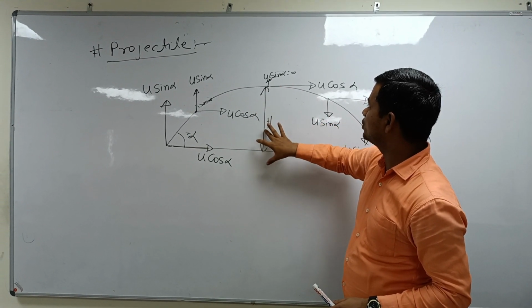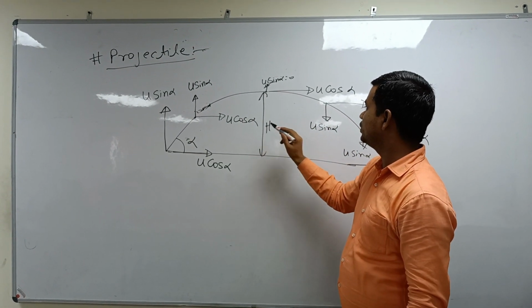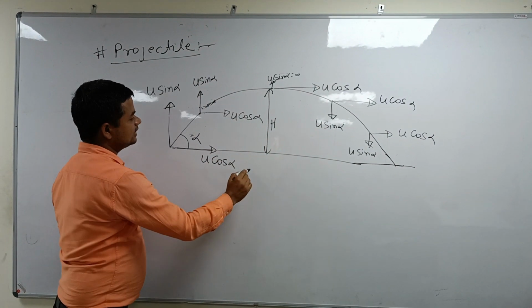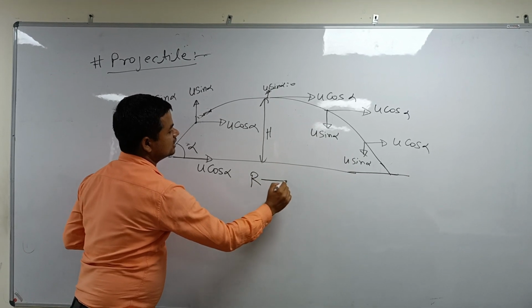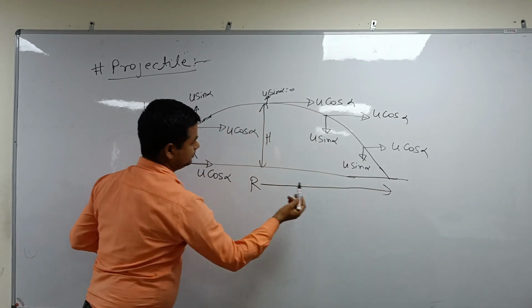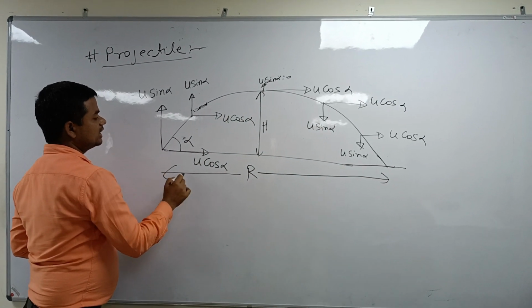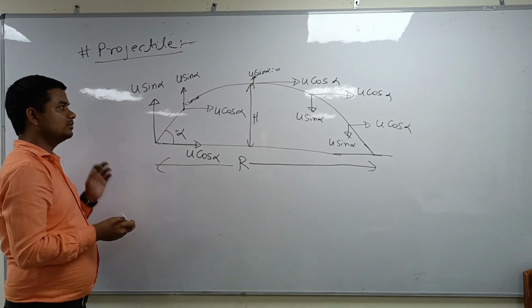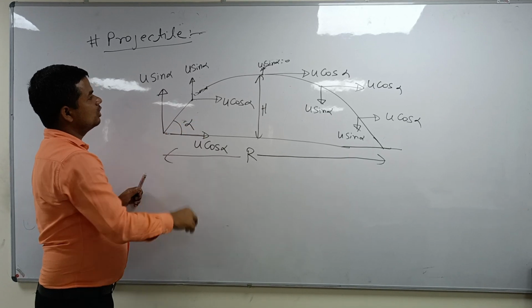It is denoted by H. And the last is range: the horizontal distance covered by the projectile in the horizontal direction. These three are the main terms, and we will find all three one by one.